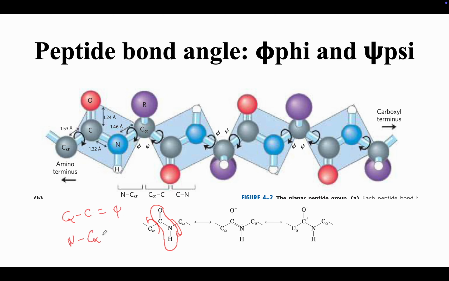Okay, so in the Ramachandran plot alpha helix will fall here, and this blue shaded region is nothing but the permissible angles. These are the permissible dihedral angles which are allowed.